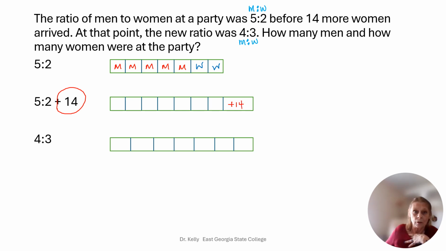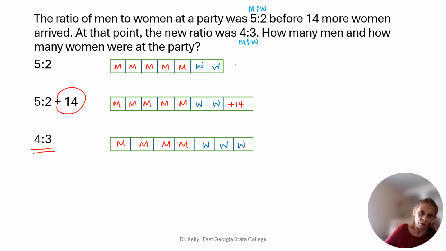Okay, let me throw my other women here, and let me put our men here, because we didn't change the number of men, we just added these 14 women, and now what we have is the ratio has changed to where there are 4 men and there are 3 groups of women. That's what all of that meant.